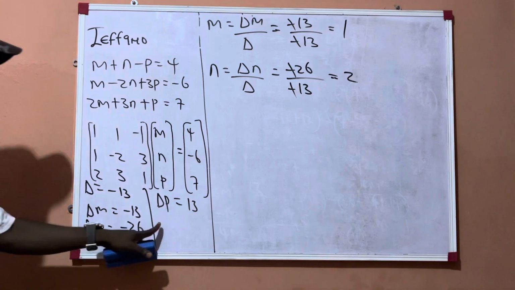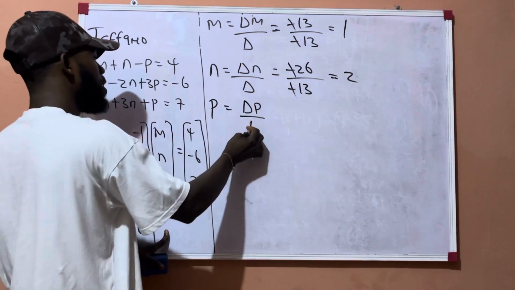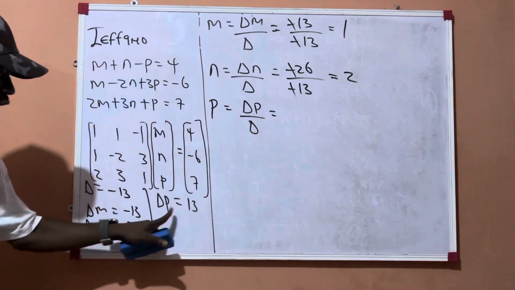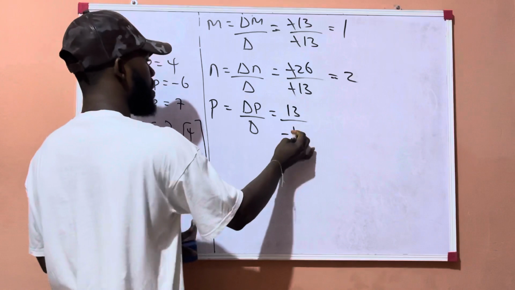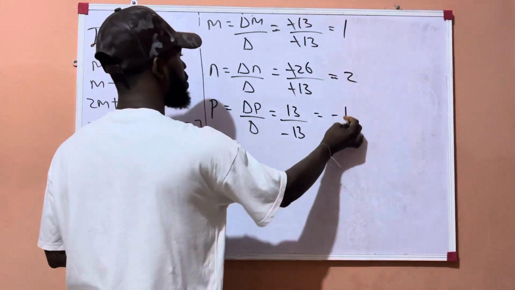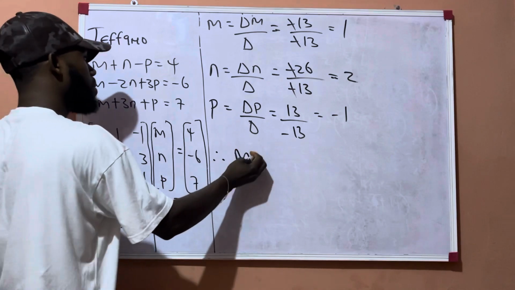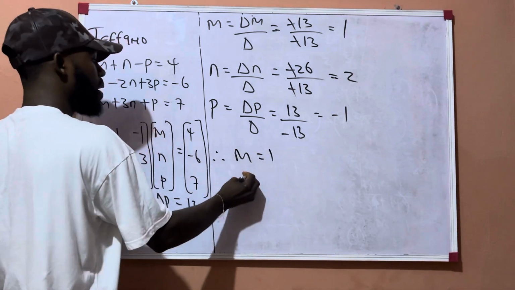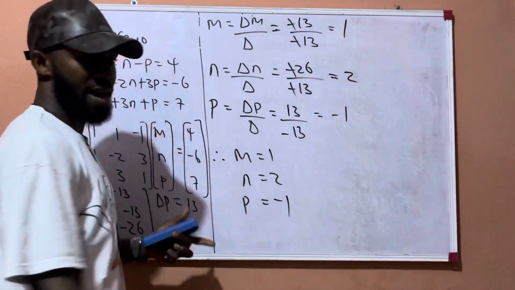And the last thing, P. The formula for P is change in P over change. Now, change in P was 13. And our change was minus 13. And that will give us what? Minus 1. Therefore, M is equal to 1, N is equal to 2, and P is equal to minus 1.